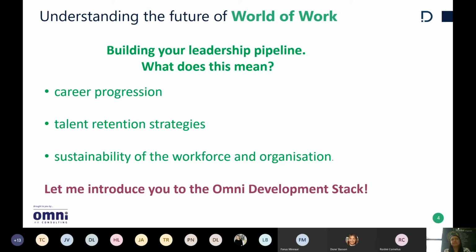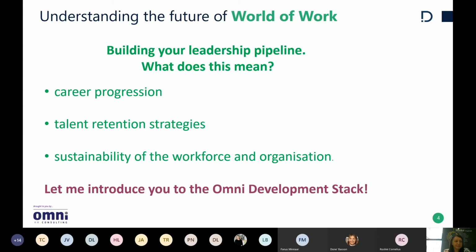So in terms of building your leadership pipeline, I read an interesting article, and the article suggests that we should be very deliberate in creating a system where we can identify individuals for succession and then combine these systems with the steps for their development. And that in effect is building your leadership pipeline.